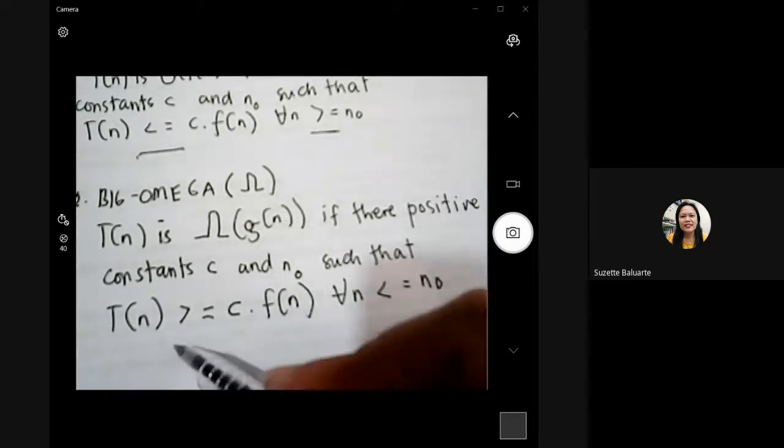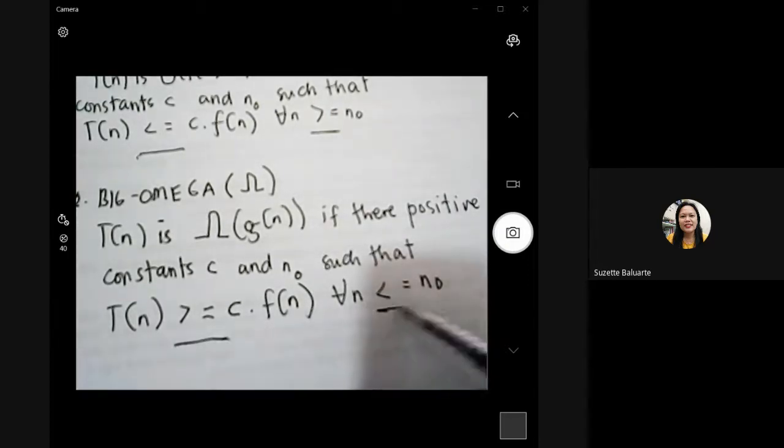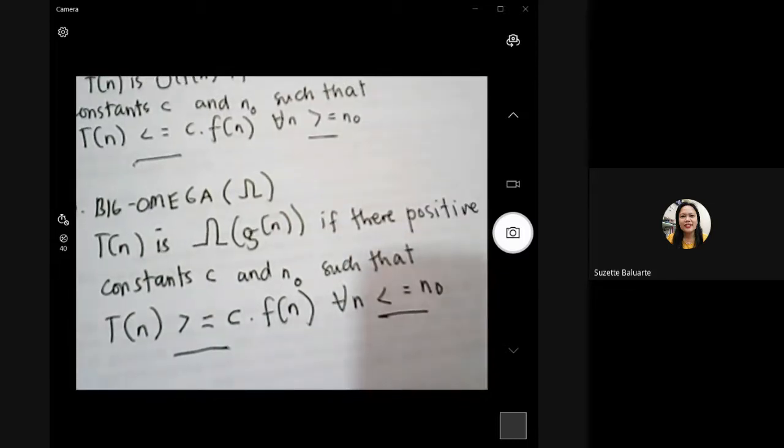So, it would be the opposite of the big O. That is big omega.